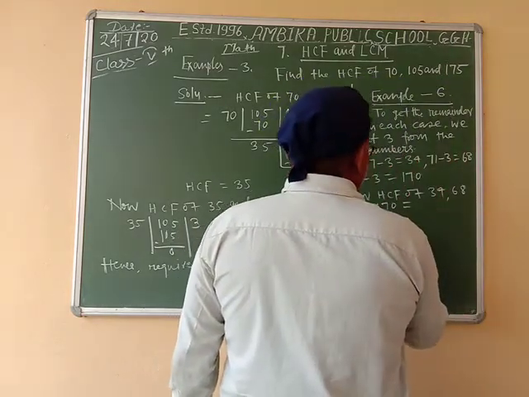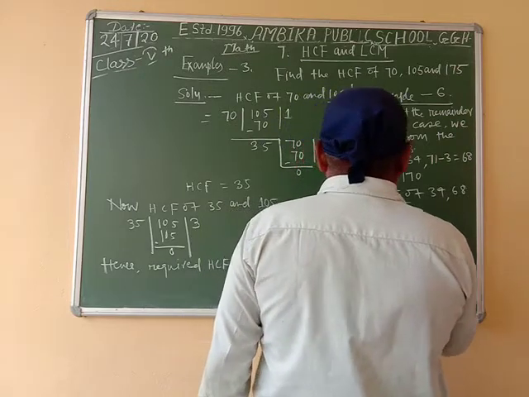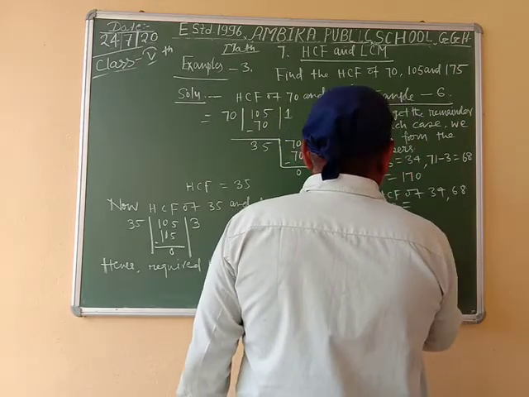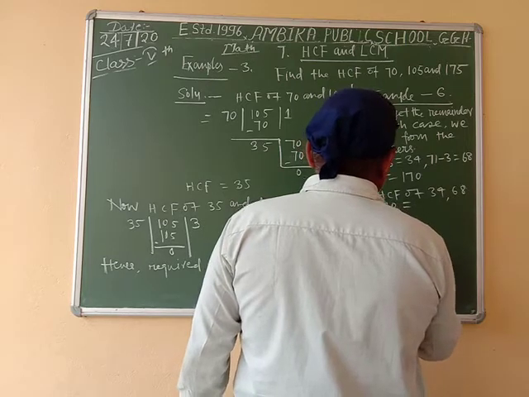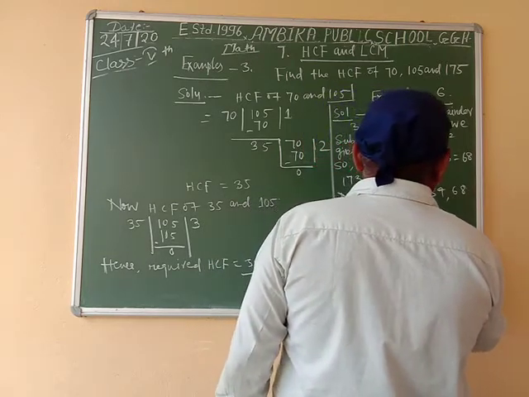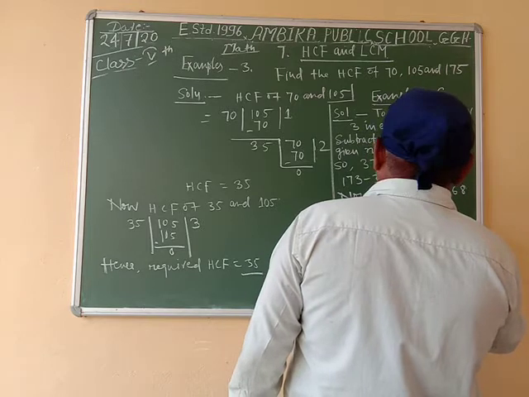Dividing 68 by 34, we have 34 times 2 is 68. So the HCF is equal to 34.